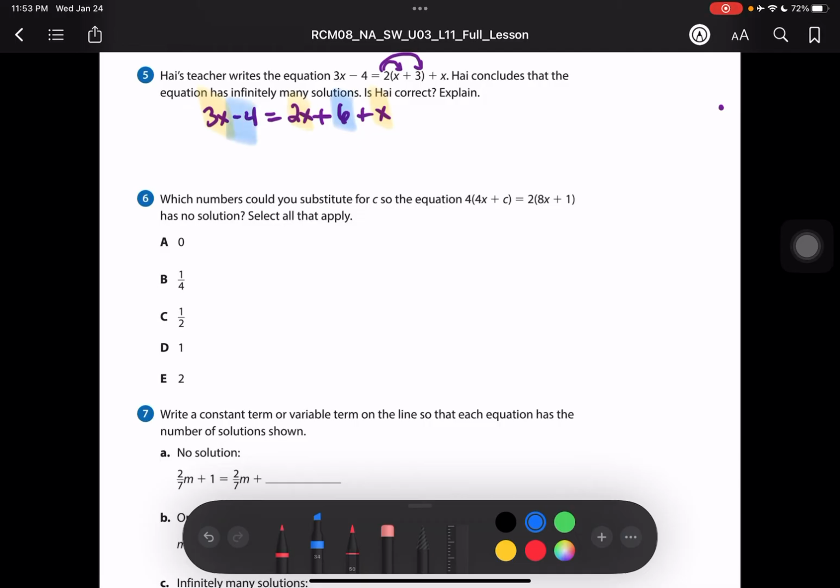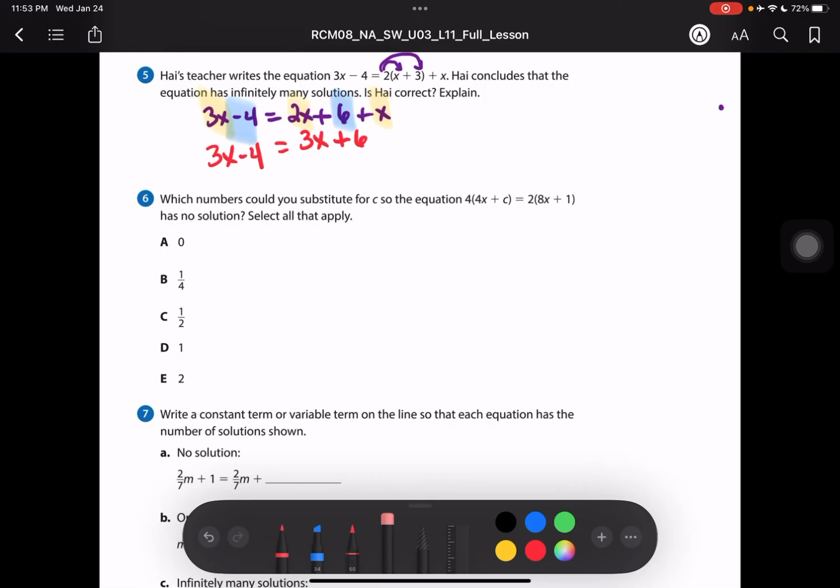All right, so we're going to combine our like terms. 2x and x gives us 3x. And then bring down your plus 6 equals 3x minus 4. Now I see that I have the same variable terms and different constant terms.